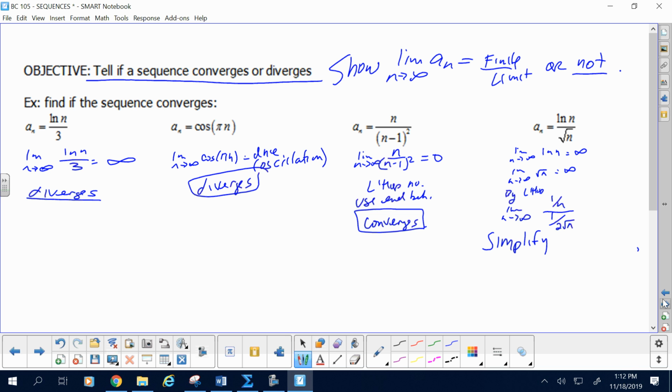Because you will be going L'Hopitaling forever if you don't simplify. This is 2 root n over n. That's equivalent to 2 over root n. So the infinite limit is 0, and we conclude converges. Which is the more powerful then, the root or the log? The root one. Okay.